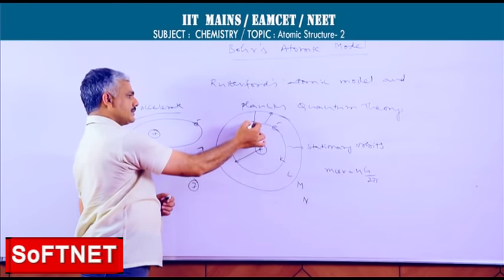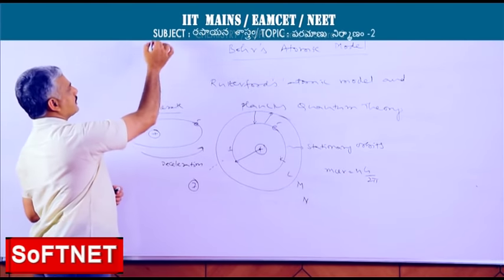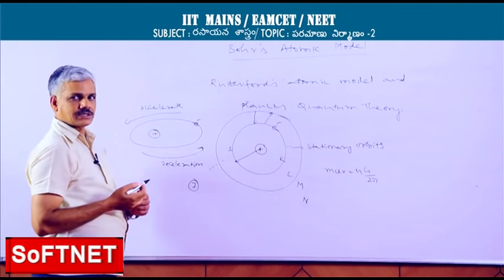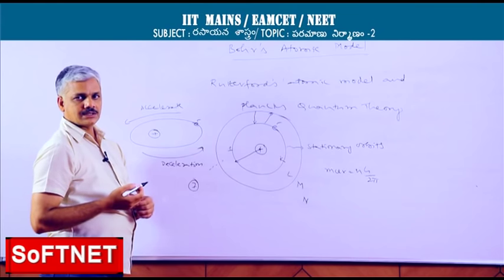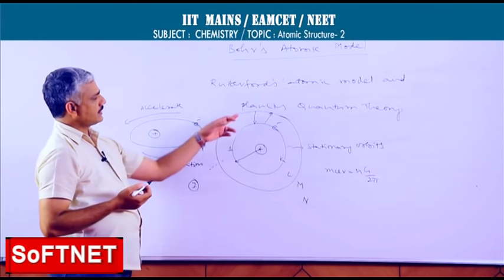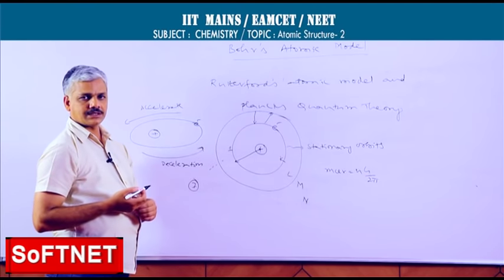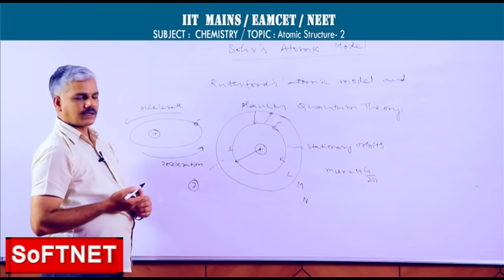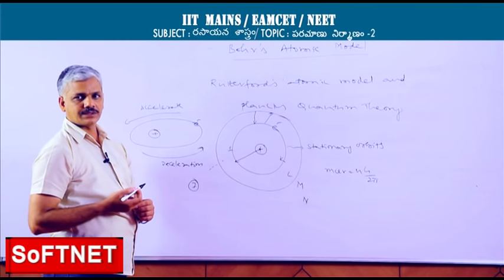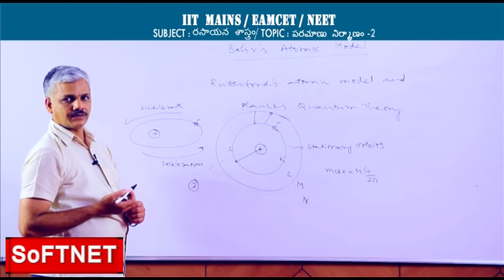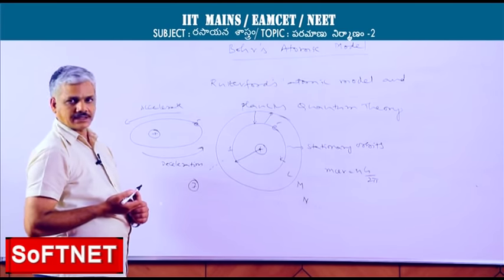That return journey of the electron is called de-excitation. During excitation, energy will be absorbed, whereas during de-excitation, energy will be emitted in the form of electromagnetic waves, which are responsible for the formation of spectral lines.